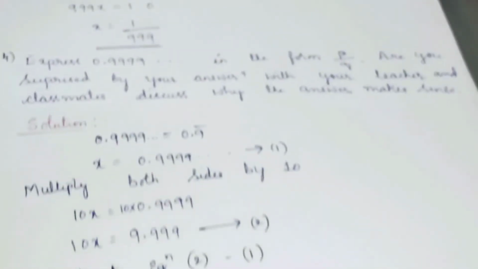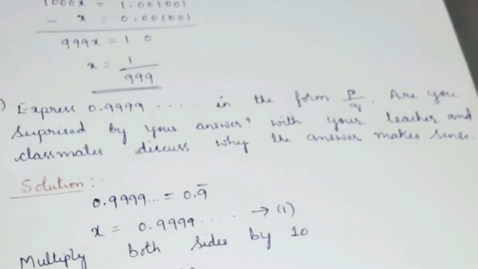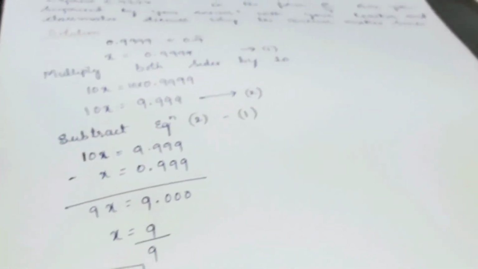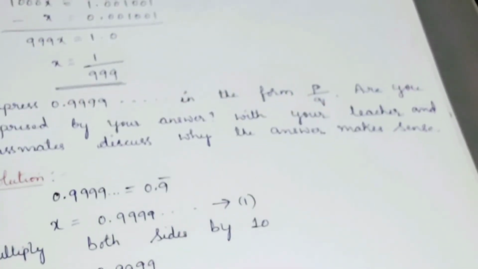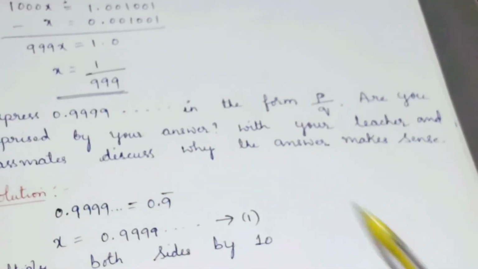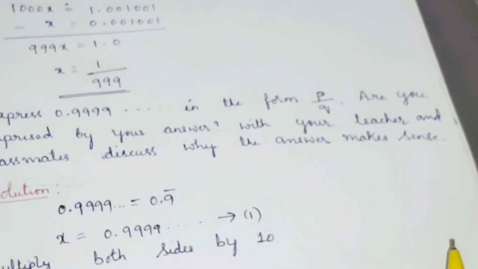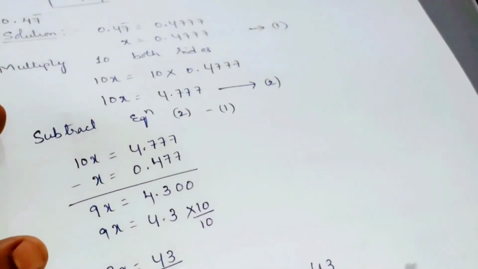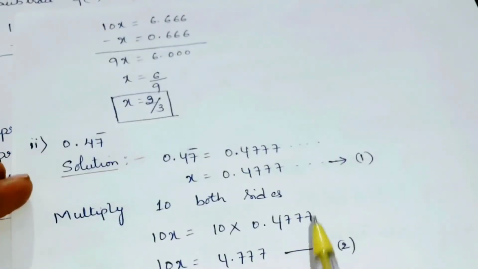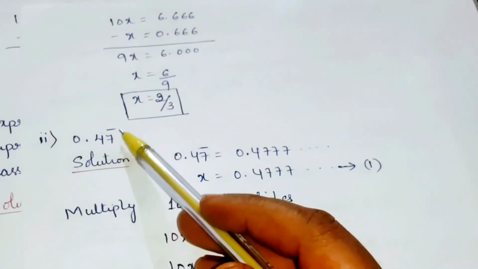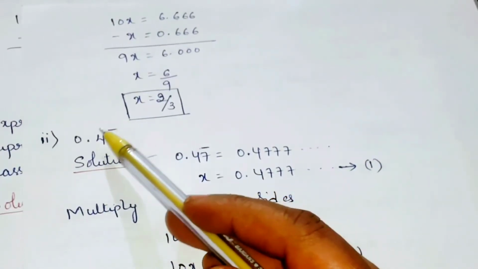See, the question was 0.999, but you got the answer x is equal to 1. Now, discuss why the answer makes sense. In previous questions, if you observe, the value 0.47 was below 0.9.